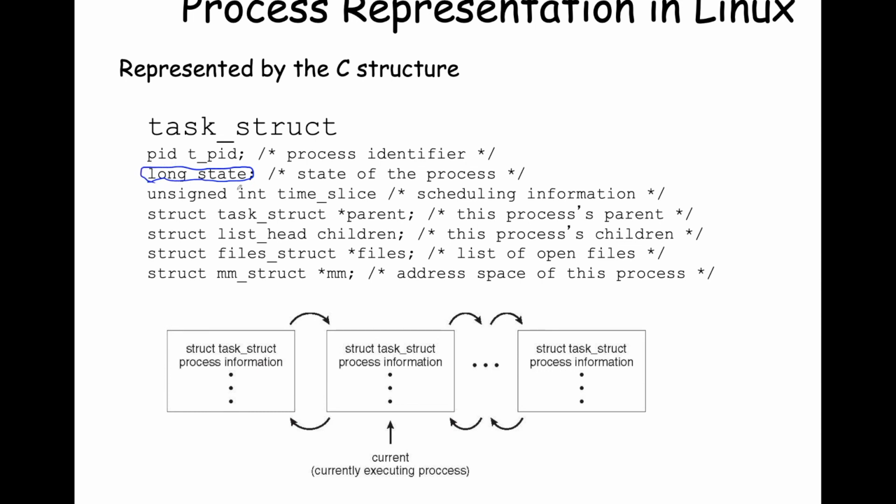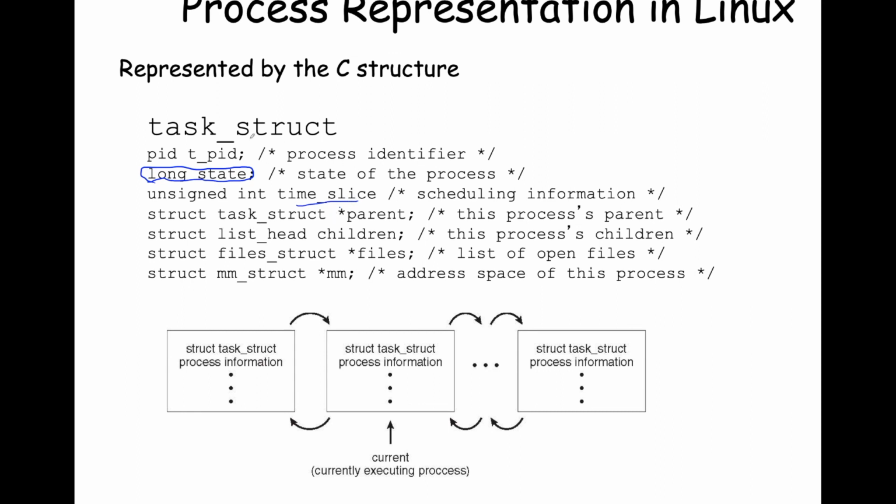A long is a type of integer, and it can be 64 bits in its representation. And so the time slice, that's the scheduling information about how much time it has on the processor. And then it also has a parent process. And you'll see here the star notation we talked about, the pointer to a task struct.